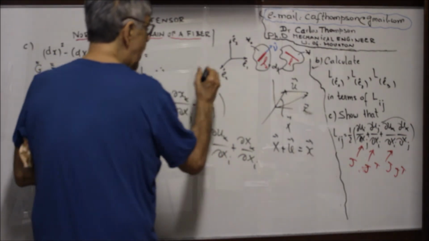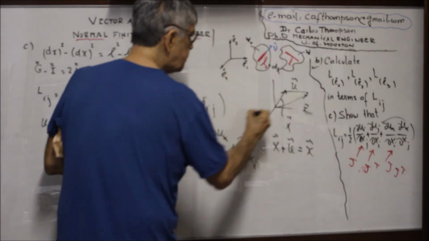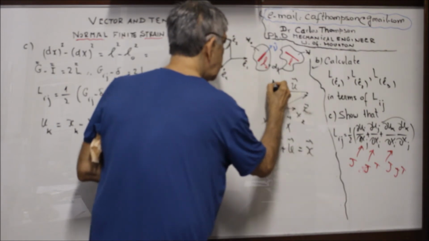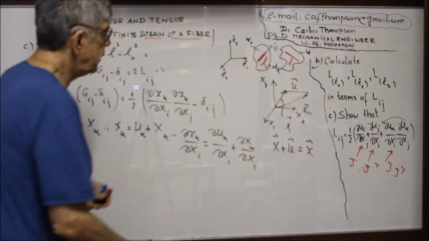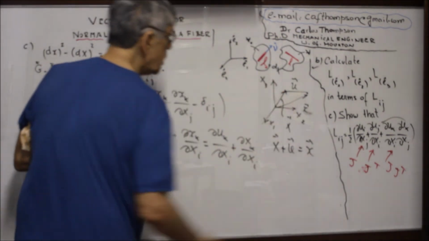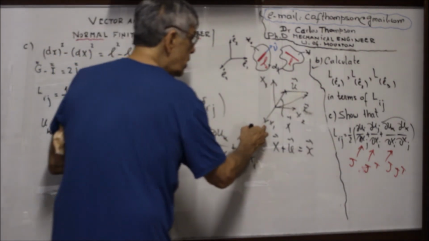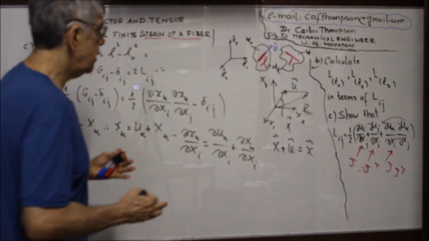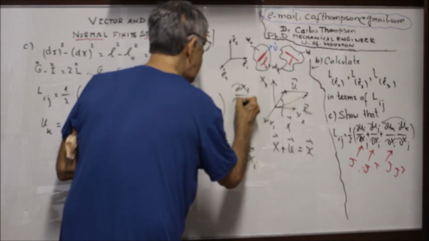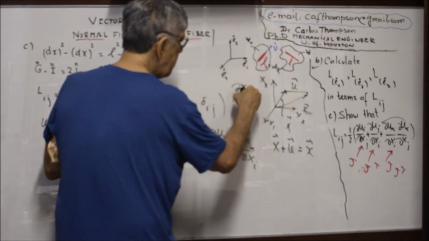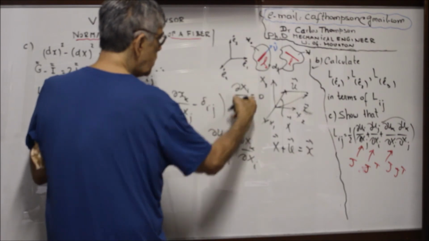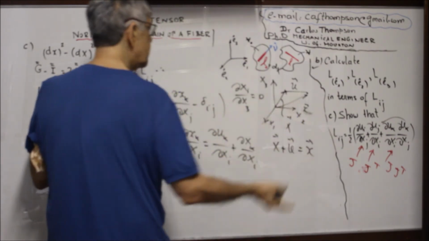Look, X1, X2, and X3 are the material coordinates, and they are independent. That's why partial X1 with respect to X1 will be 1, partial X1 with respect to X2 will be 0, partial X1 with respect to X3 will also be 0.